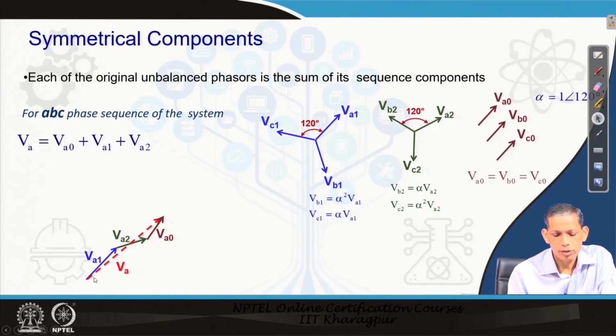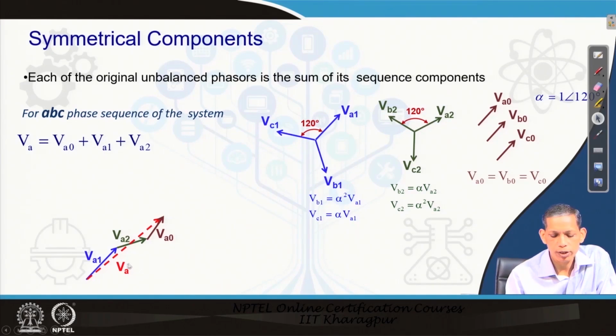If you see here, VA1 is taken from the positive sequence component, VA2 from the negative sequence component, and then VA0 here. In terms of magnitude and angle, if you substitute, the summation of VA1, VA2 and VA0 gives us VA.